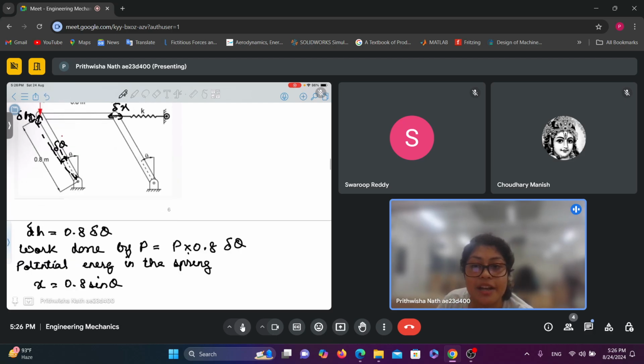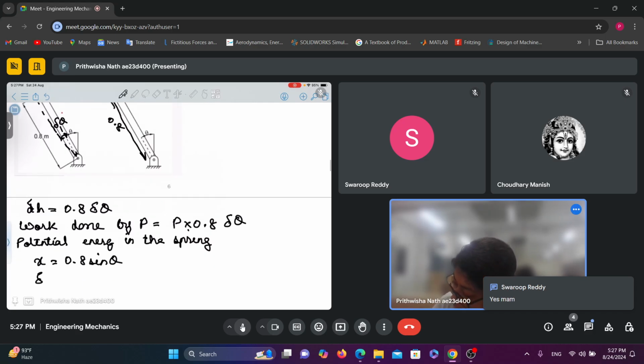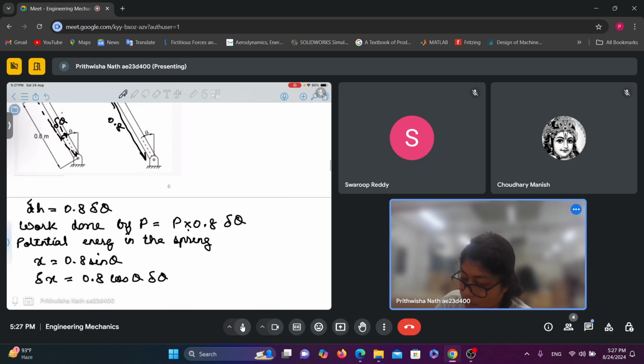Is there any doubt regarding this? This is 0.8. So x can be written as 0.8 sine theta, right? Yeah. So delta x is 0.8 cos theta delta theta.